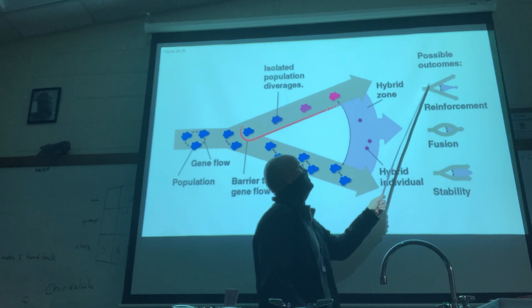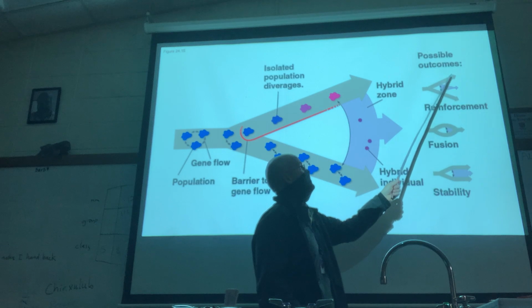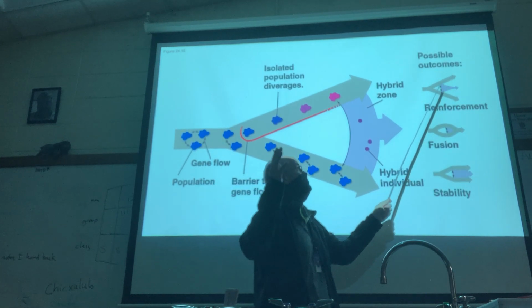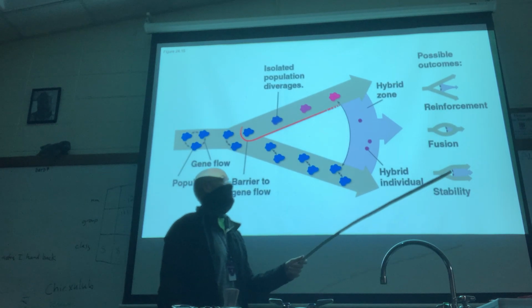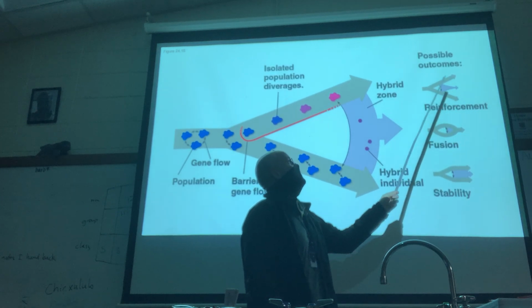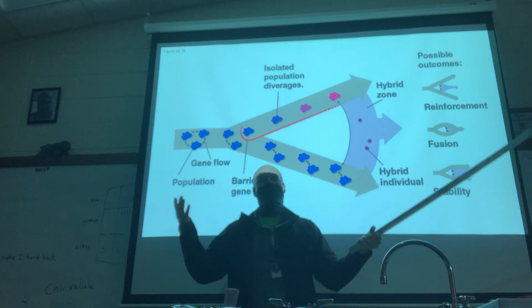So here we see the two different strains or varieties that exist. So this could be the red versus the yellow coloration in these two toad populations. Reinforcement is the result of what we would call a strong barrier.